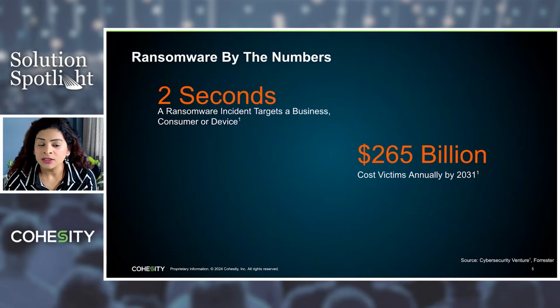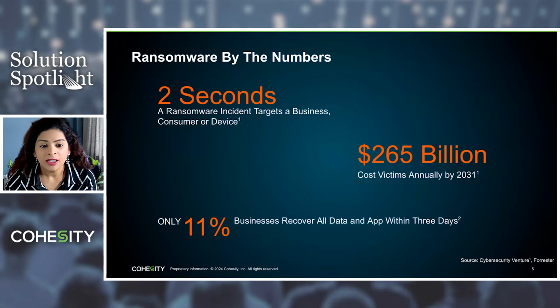And this is a conservative estimate because a lot of ransomware doesn't even get reported because of the impact to the business and the reputation of the company. A lot of these incidents don't even come to the public eye. How many of these businesses who are targeted by ransomware are able to recover their data? A measly 11% can get back up and running within 3 days, which is shocking given how much of a loss the downtime causes.